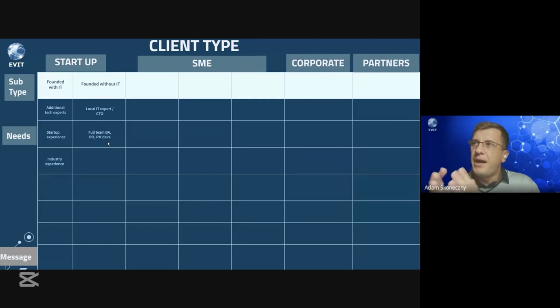And by being a consultant during the sales process, this is the way you can position yourself as an expert. And if you see that your client is not aware that they need a product owner, project manager, bring it out to them. Don't be afraid. And in this way, you will show that you don't care the most about the sale, you care the most about the client.